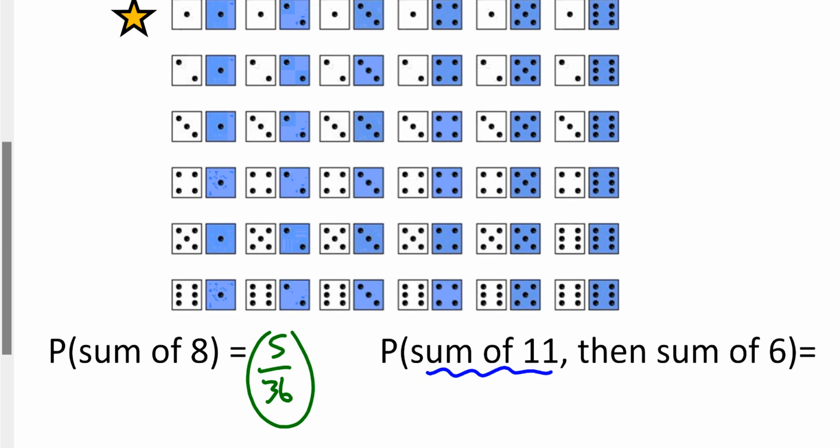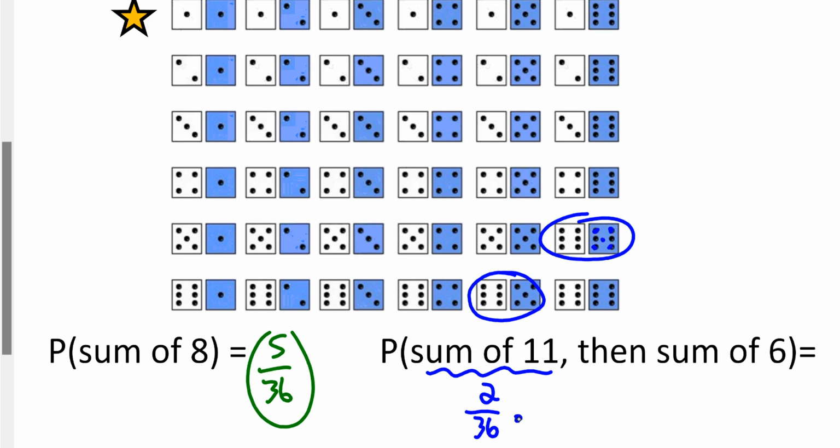There's a mistake here. This is supposed to be 5 dots here. So there it is. So that's 2 out of the 36 possible.